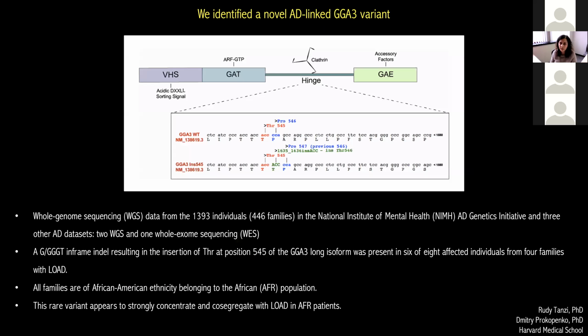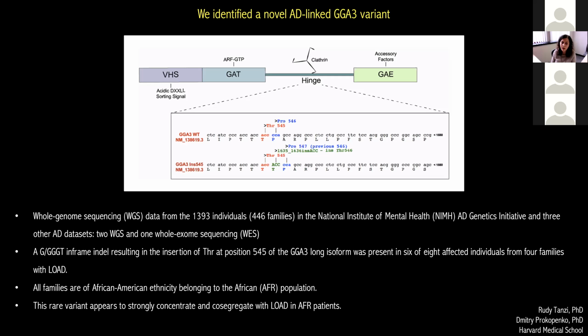And finally, together with our collaborators, Rudy Tanzi and Dmitry Prokopenko, I hope I'm saying both last names correctly, we identified a novel AD-linked Gga3 variant. This variant is an in-frame indel resulting in the insertion of a threonine at position 545 of the long isoform of Gga3 and was present in 6 out of 8 affected individuals from 4 families with late onset Alzheimer's disease.